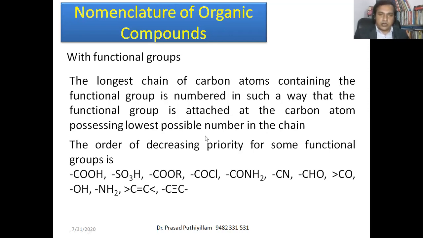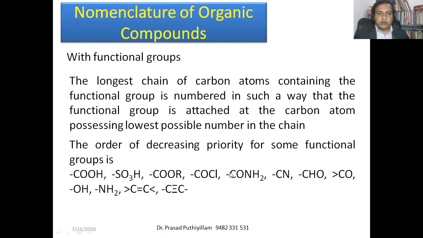If an organic compound contains multiple functional groups, two or more, then there is a priority order. This is the priority order for when the same organic compound contains more than one functional group, like COOH, SO3H, COR, COCl, etc.